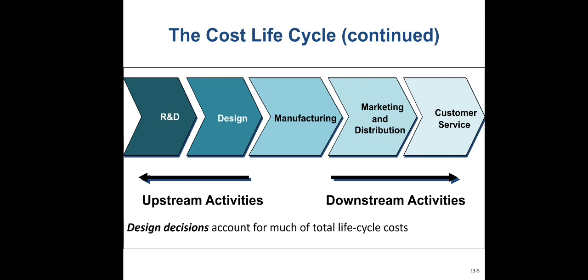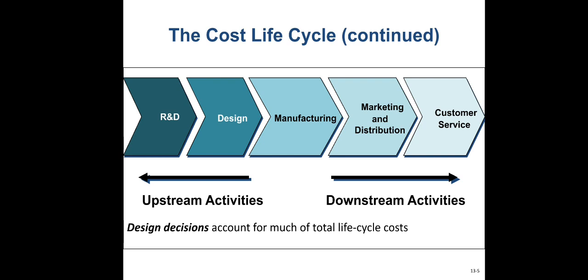Okay, this is still about the cost life cycle. If we want to manage or control costs, we have to see the whole thing, the whole steps in the cycle. Here you can see R&D, design, manufacturing, marketing and distribution, and customer service. Before the manufacturing stage, we call the steps upstream activities.